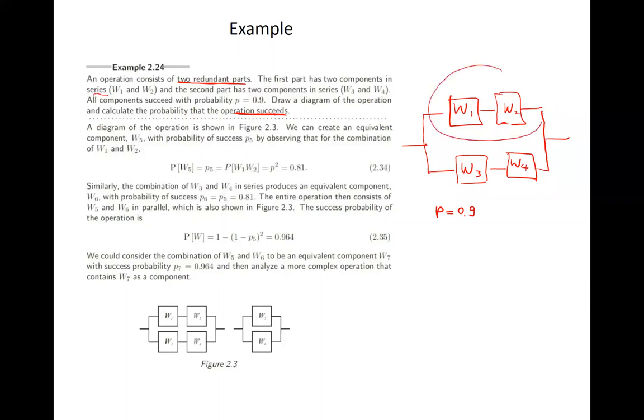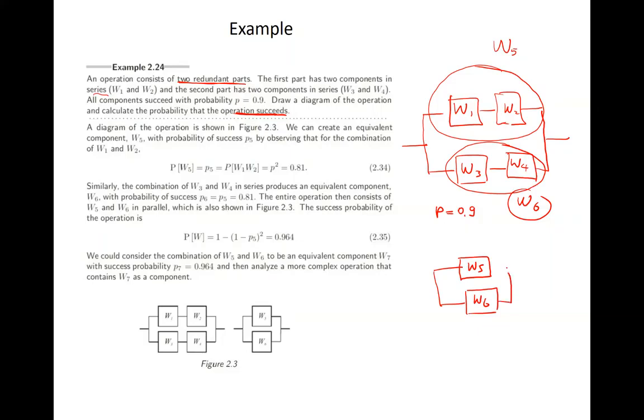These two are connected in series, and then we can use this as a single component, let's say W5, and here another one, where we may define W6. So this could be simplified to this parallel combination.